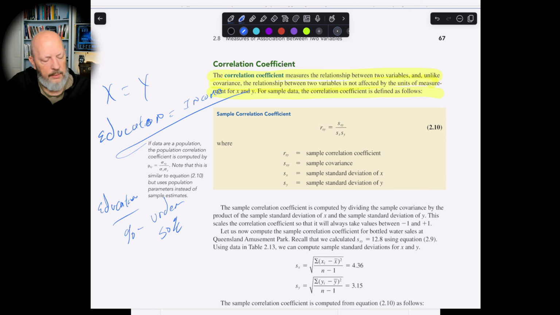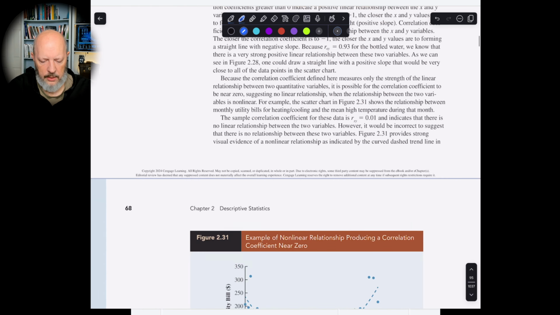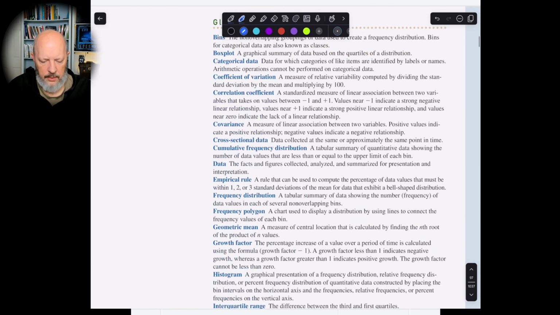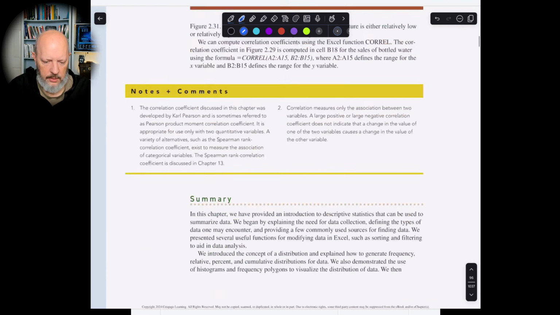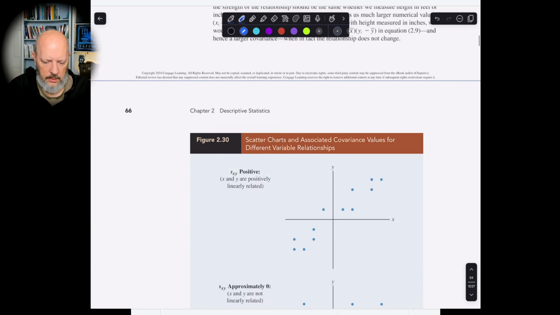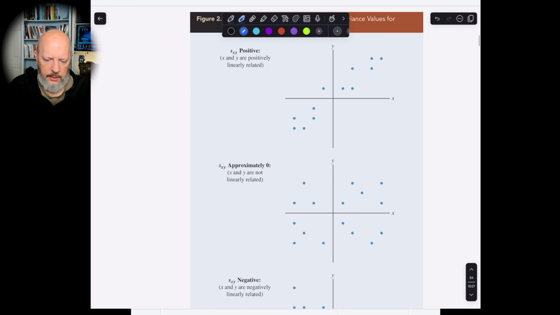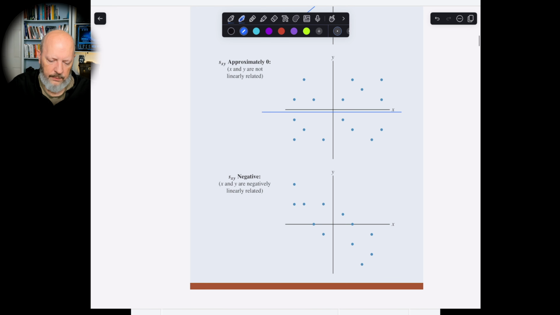Those are negatively correlated, meaning that as you get more education, you're less likely to die under 50. And then I think there's a graph in here. Okay, here. So positive, approximately 0, and negative.